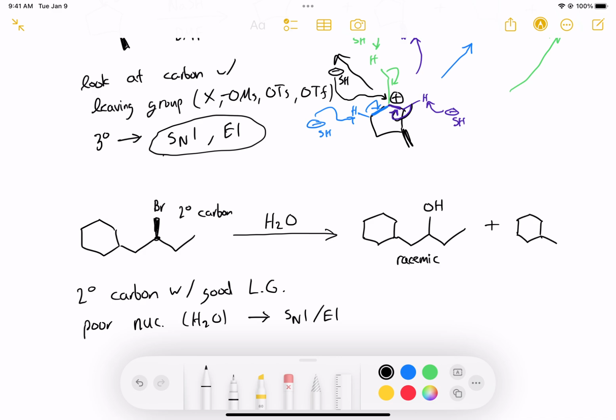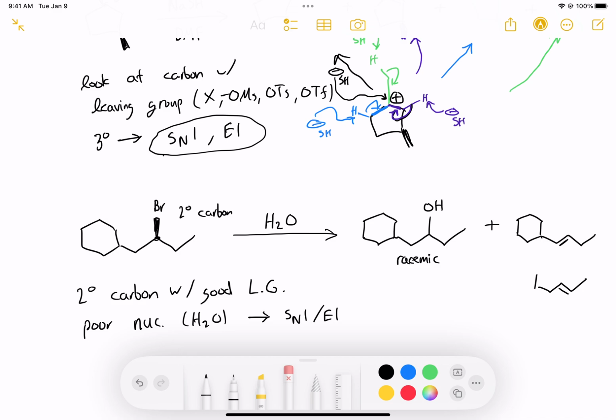We're going to get this one, and then this one, like this. So these will probably be the most stable products. You can get an alkene in that position or the other position. So these will probably be the products we get.